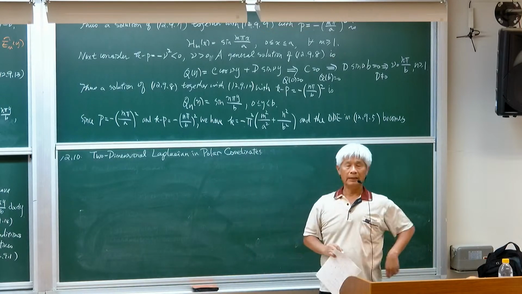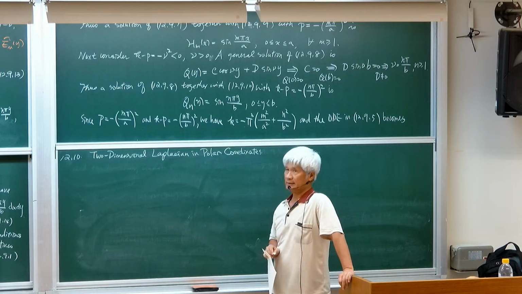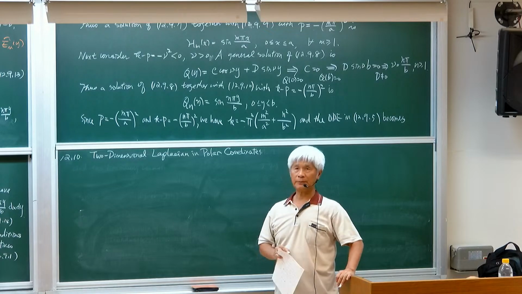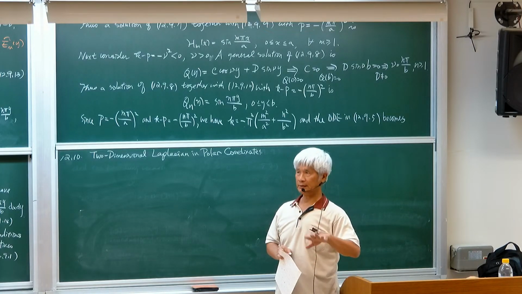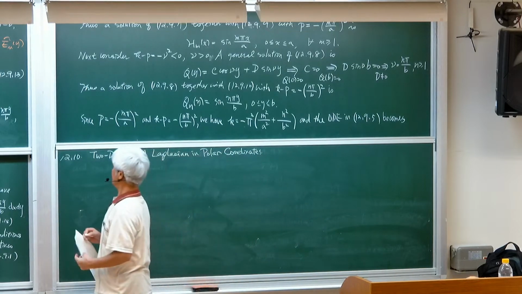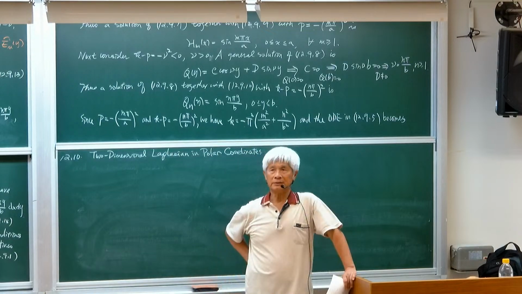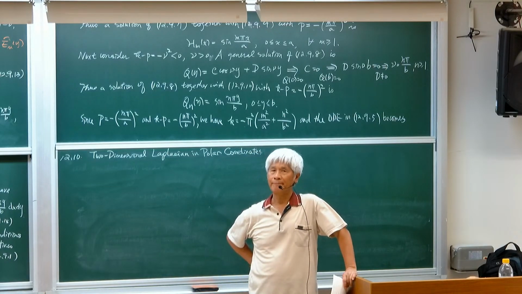Okay. So we solved the two-dimensional wave equations for the rectangular membrane in the XY plane. But how about if the membrane is not rectangular anymore?